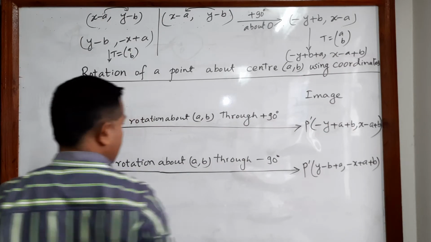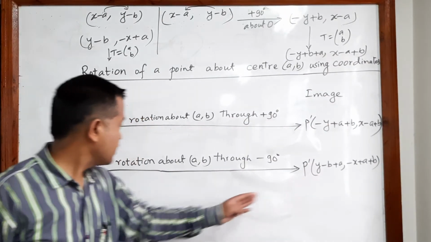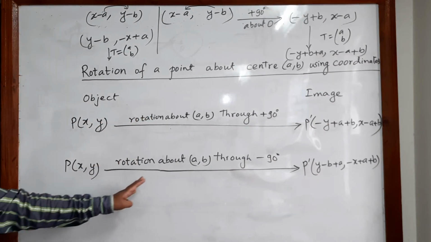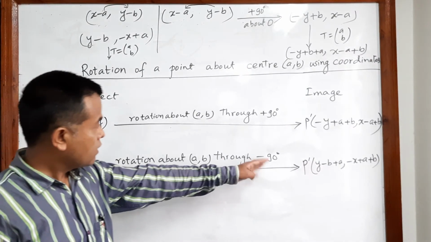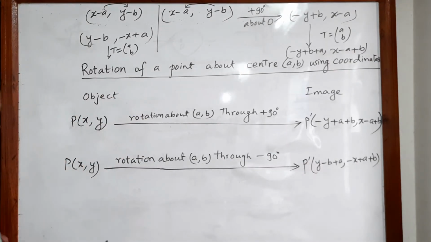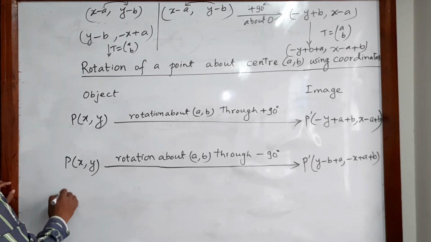So this is the coordinate of the point P(x, y) when it is rotated about AB through 90 degrees in clockwise direction.